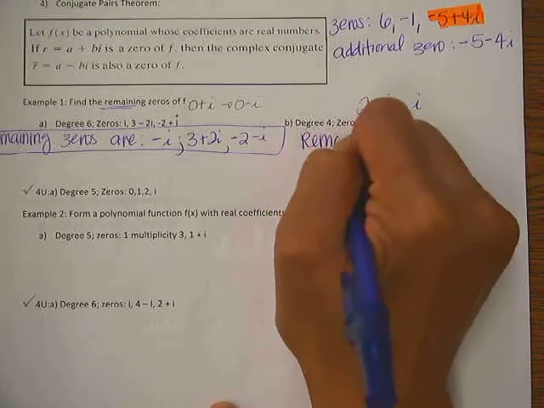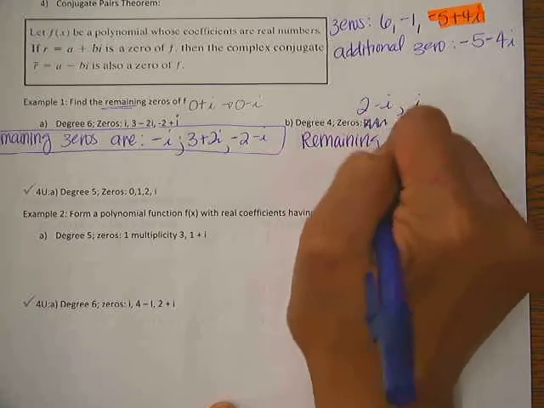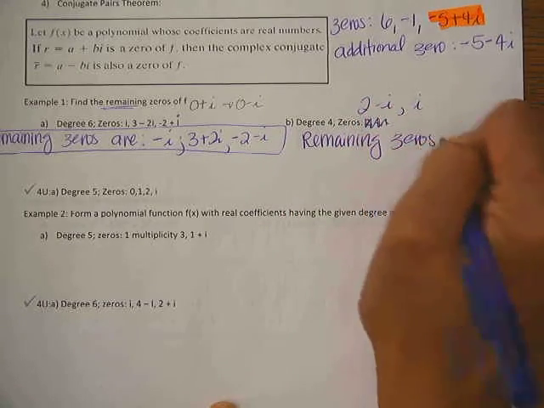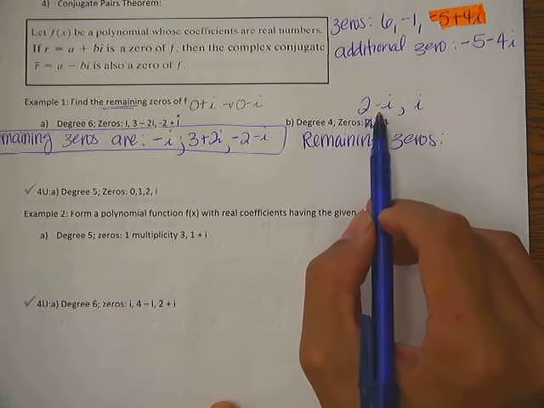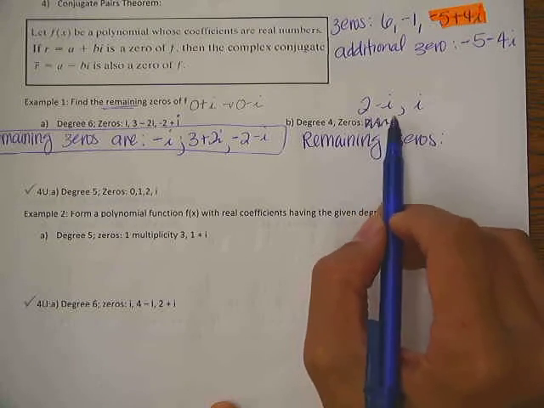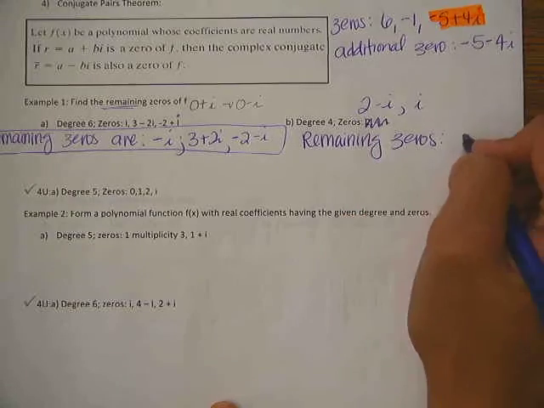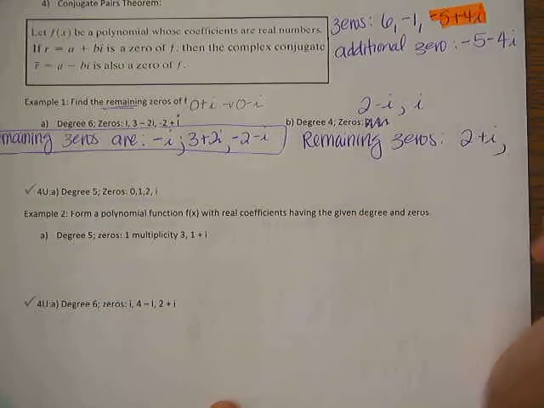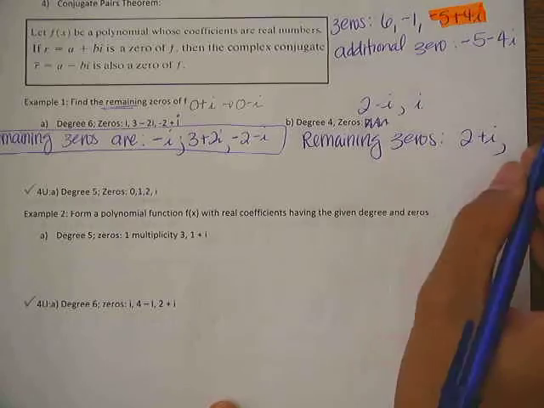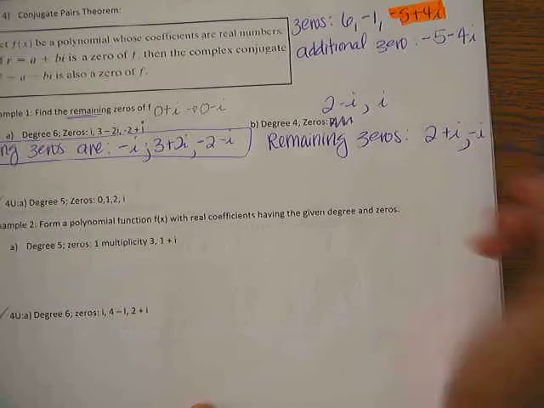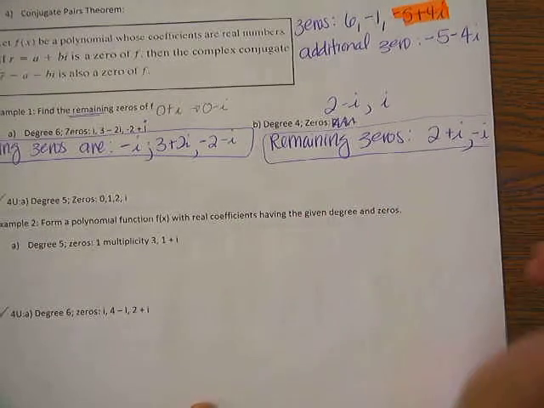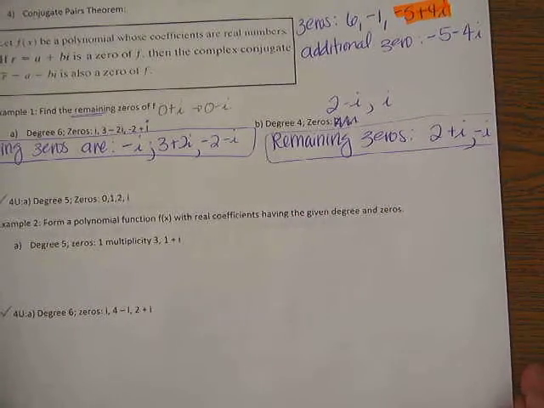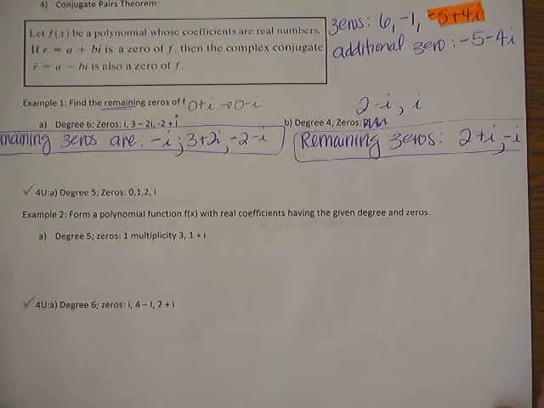The remaining zeros are: the conjugate of 2 minus i is going to be 2 plus i, and the conjugate of a positive i is going to be a negative i. So that's all we have to do if all they are asking you is to find the remaining zeros.